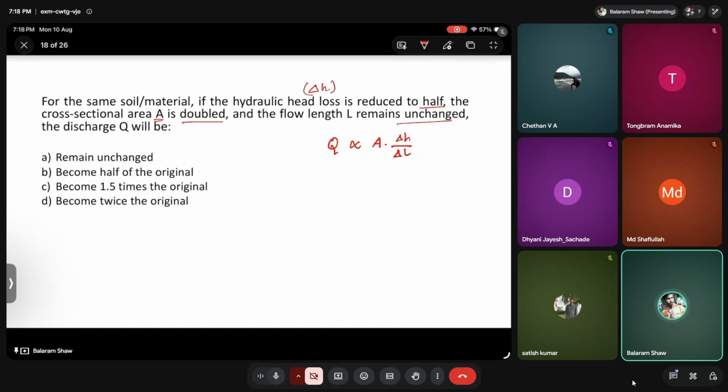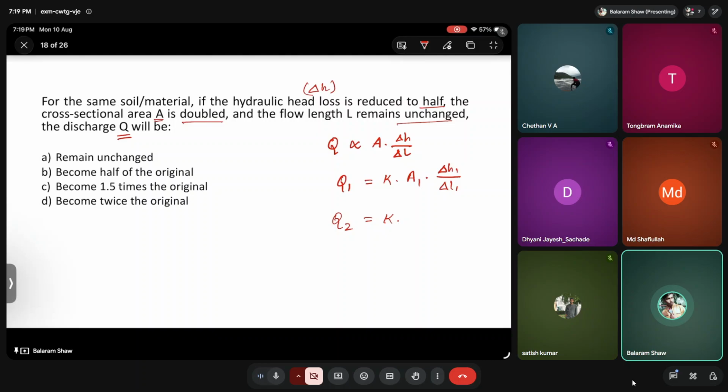So let's say you write Q1 equals K into A1 into del H1 by del L1. You have to find what discharge Q2 will be, or the relation between Q2 and Q1. The hydraulic conductivity will be the same, right?